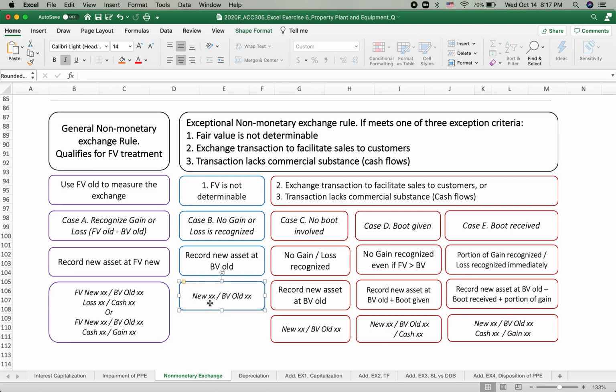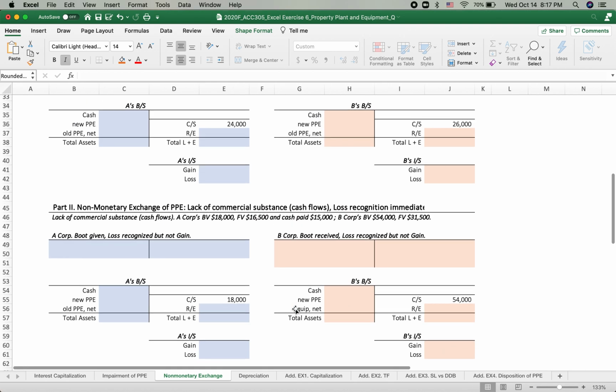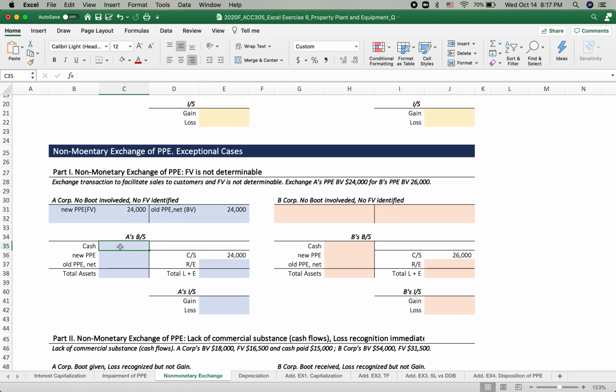So we just put new PPE at the same value as the old PPE at book value. There's no cash involved, and the new PPE, the fair value, is assumed as the net book value of the old one. Then here we have $24,000, the old book value, but now it is foregone.